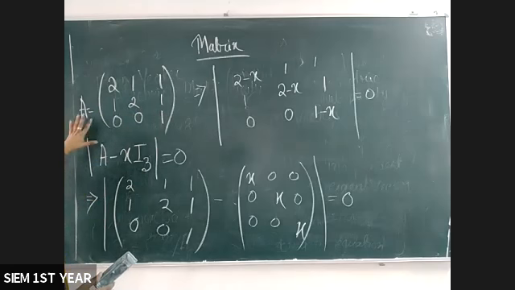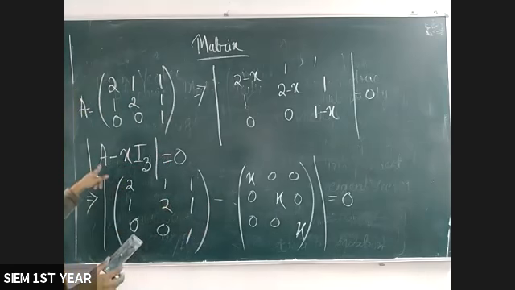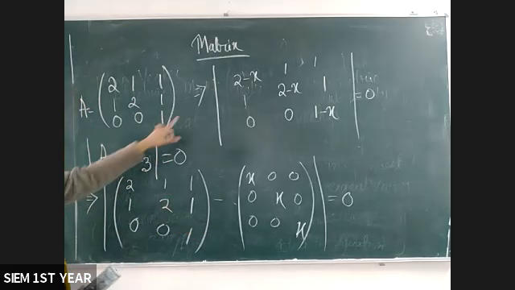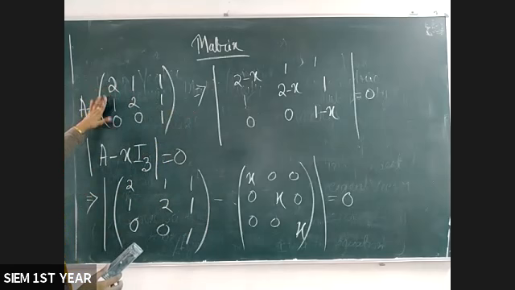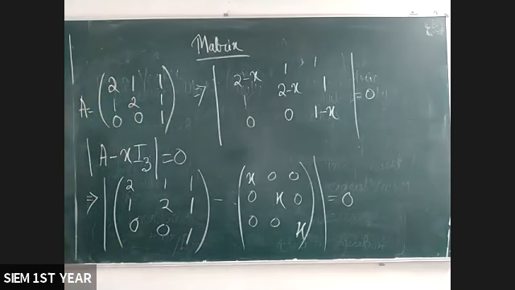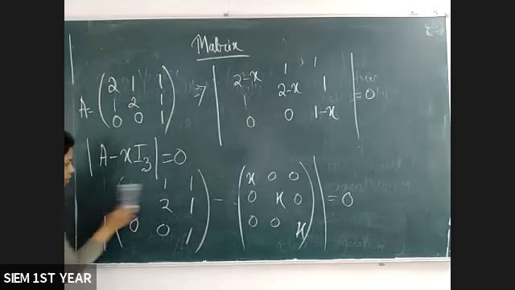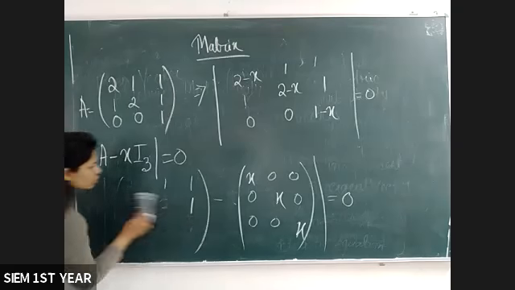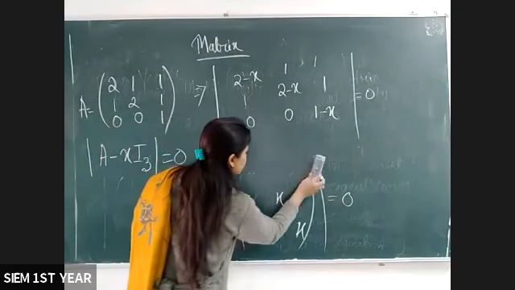Whenever you have to find the characteristic equation, first write the equation, then you can directly skip this whole line and write the matrix: just consider the diagonal elements 2 minus x, 2 minus x, 1 minus x. The remaining elements will be this. So this is actually your characteristic equation.